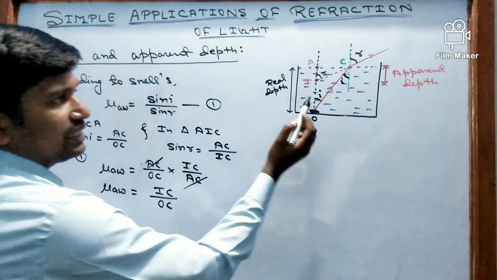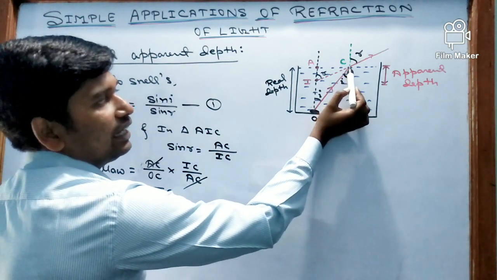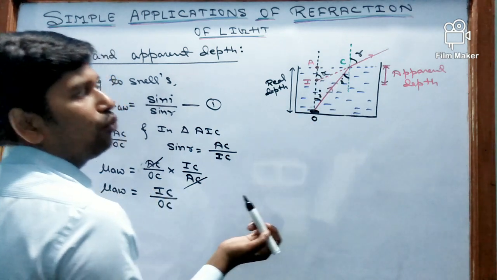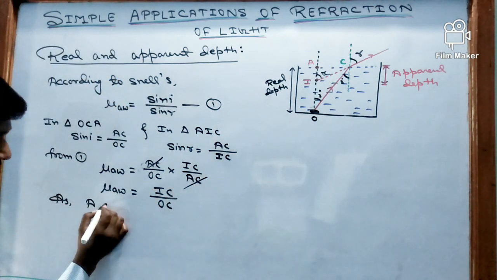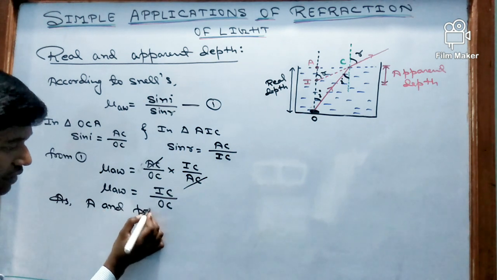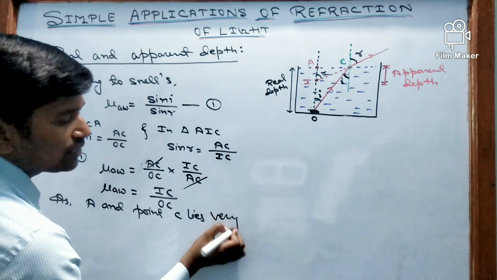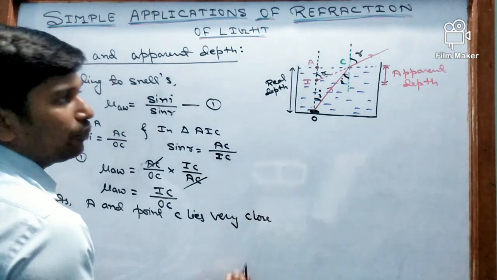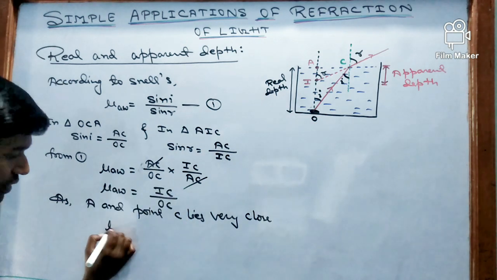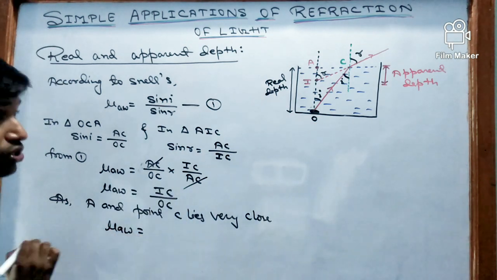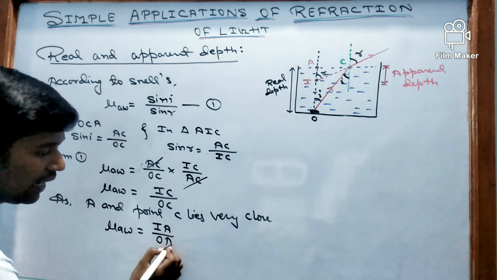Now in real practice, point C and A will be very close to each other, so we can write that point C lies very close to A. At the place of C we can put A, so mu AW is equal to IA by OA.